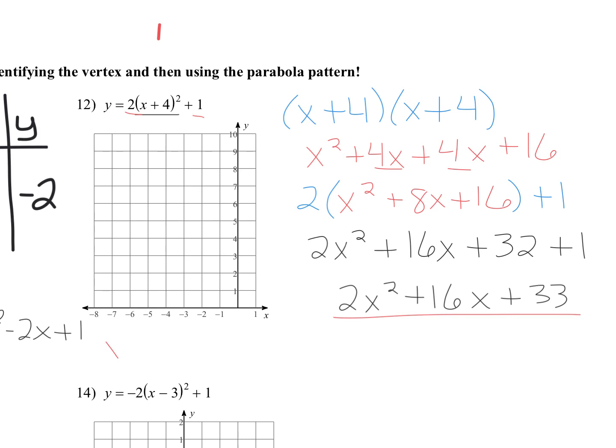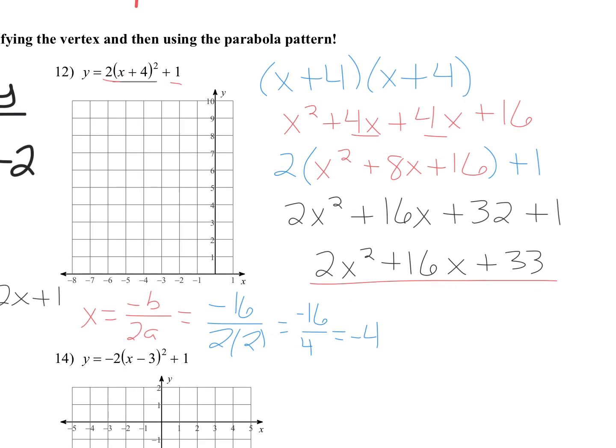Find the vertex. So we follow negative b over 2a. What's my negative b? Negative 16 over 2 times 2. So we have negative 16 over 4, which is negative 4. Okay, so our x is negative 4. How do I find the y? Plug it in.